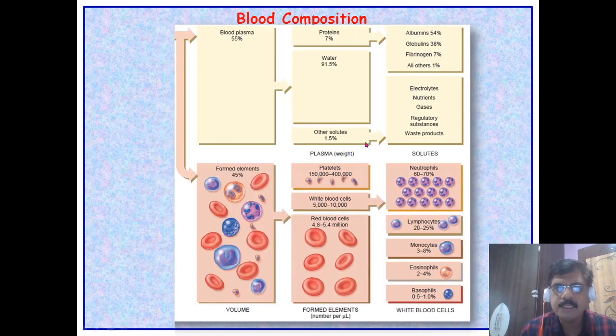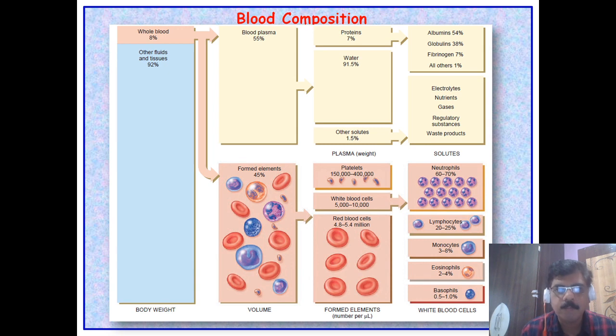If you observe the composition of the blood, what does it comprise? Among the entire blood, 55% is a liquid component, and that we call blood plasma.